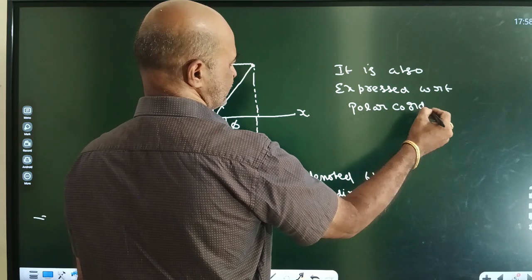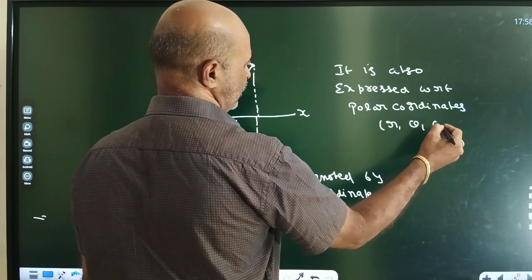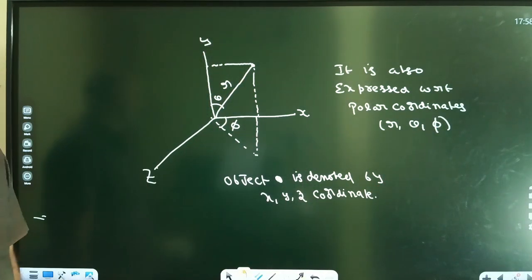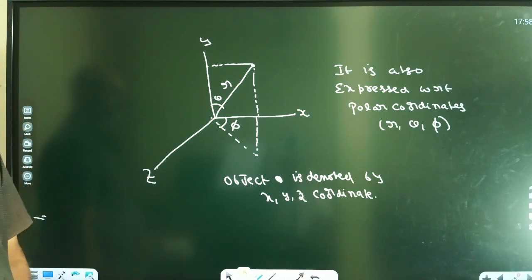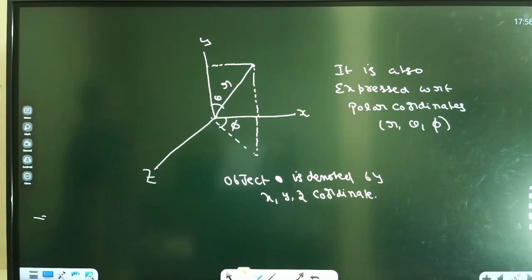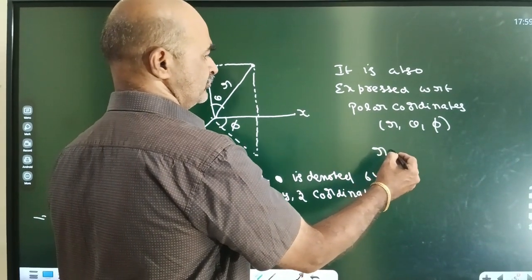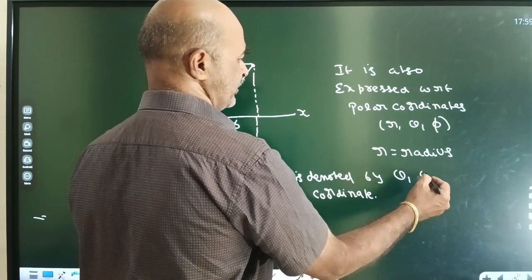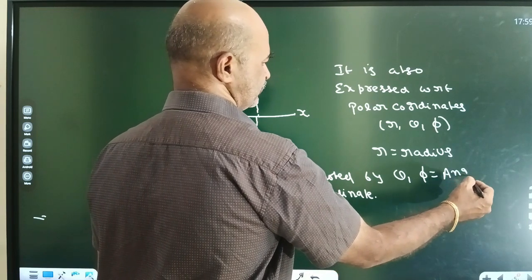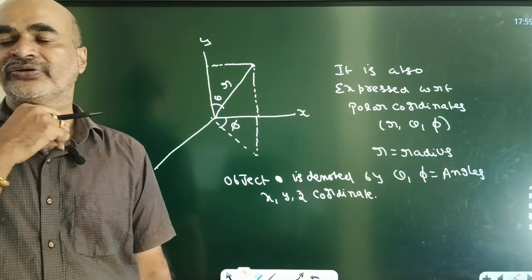Polar coordinates are r, theta and pi. r is equal to radius, theta and pi are angles.